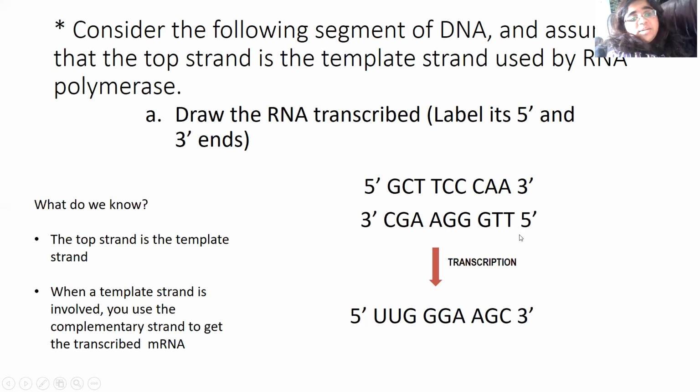So this is now the coding strand, right? Template strand, coding strand. You transcribe the coding strand. That's how you get this sequence right there. Does that make sense? I hope it does, because this kind of leads into what we need to talk about today.